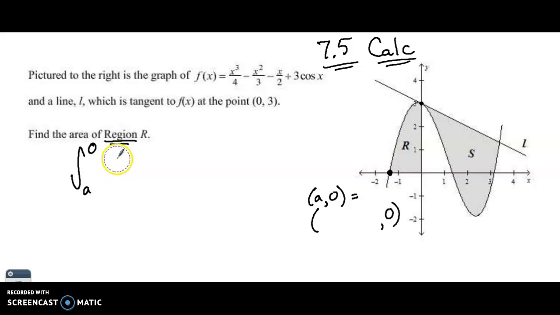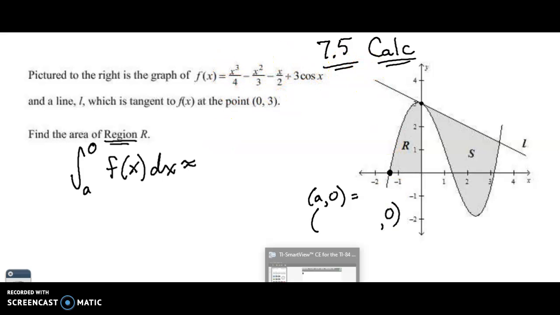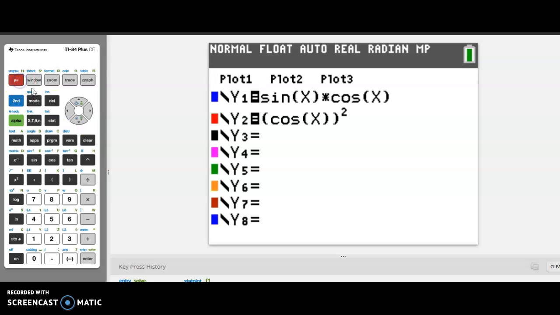And you can actually just write out f of x dx, because it's more legible if you define values, so you're not rewriting something over and over again.